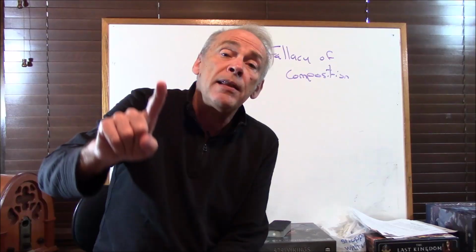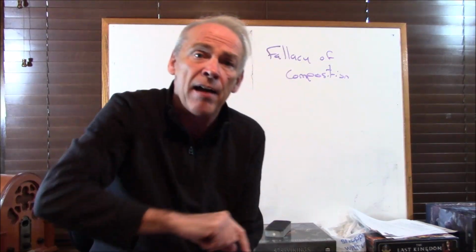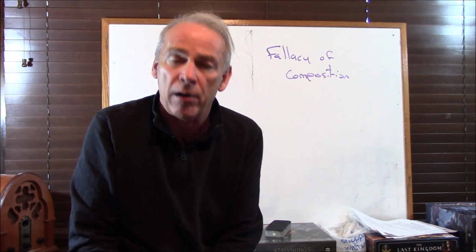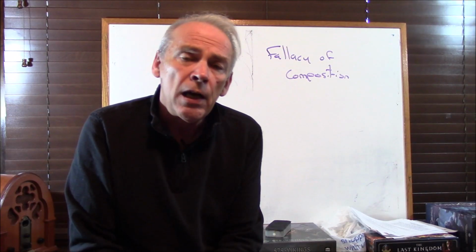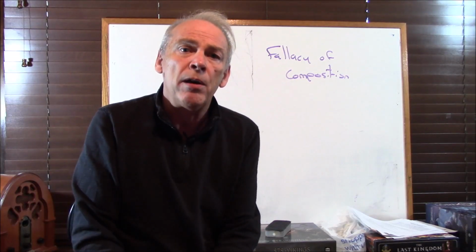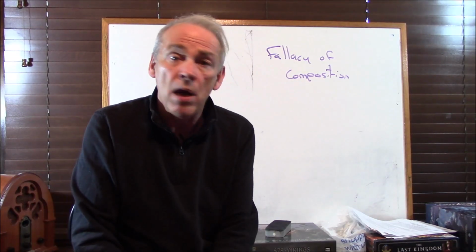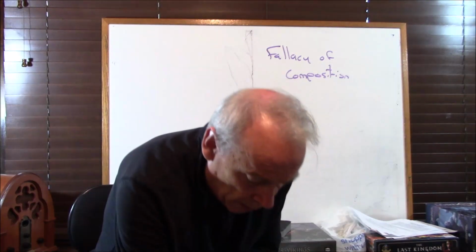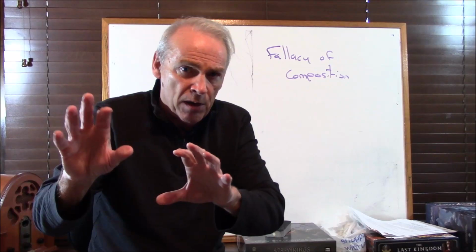Now, that's not to say you cannot have situations where it's true at the individual level and at the higher level. Let's see. If you studied harder for this class, you could make a higher grade. Okay. If everybody in this class studied harder, everybody could make a higher grade. Yeah, that's true. I don't have a rule in my class to where there has to be this number of A's and this number of B's and so forth.